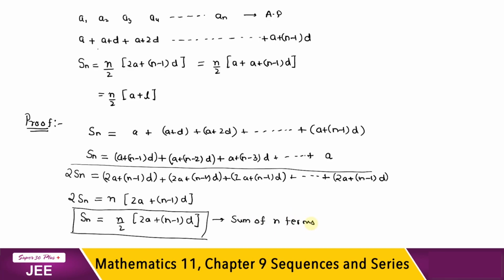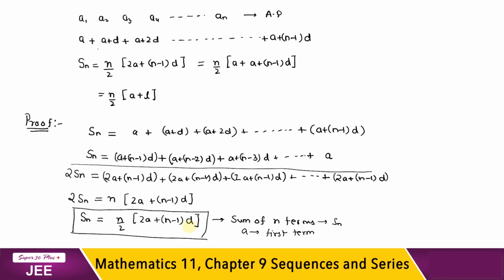Alright, so here Sn denotes the sum of n terms of an AP. Let me write it down. a denotes the first term, and n is the total number of terms, and d is again the common difference.